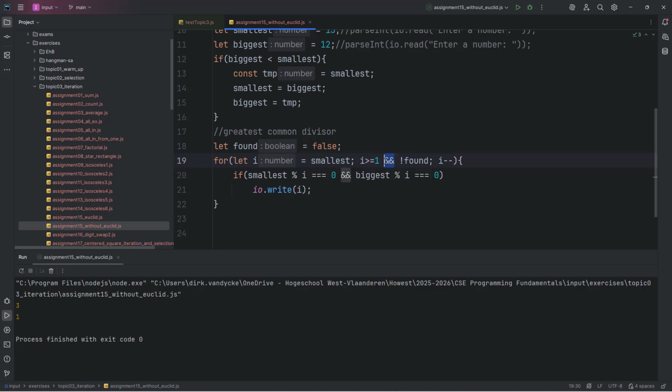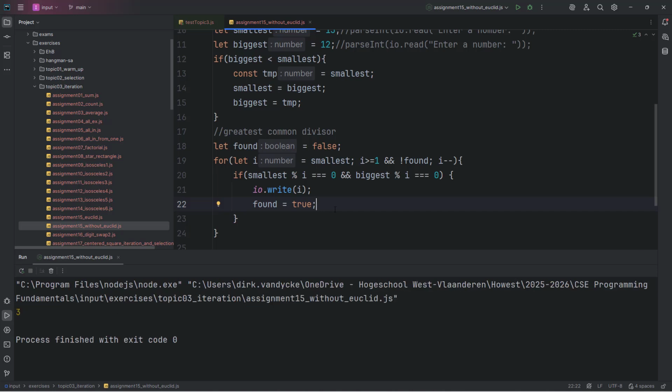But also in the same check, I can't have found the greatest common divisor, otherwise I need to stop. Well, of course, now if I find one, it will be the first one. That's going to be the biggest one because I start at the end, right? And in this case, I can say found will be true. And now hopefully I will get only the biggest one, and that's indeed 3. Okay, here you go.